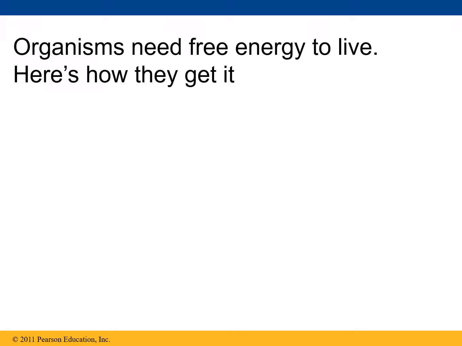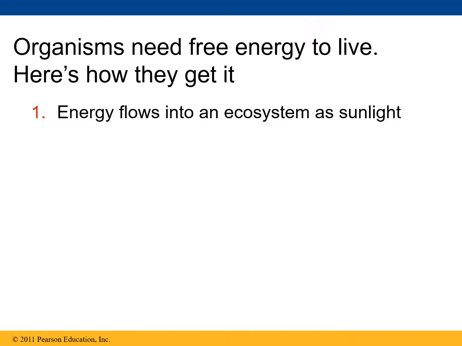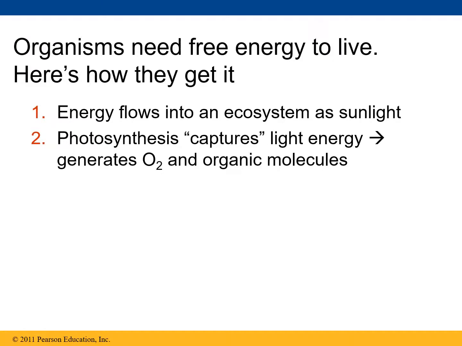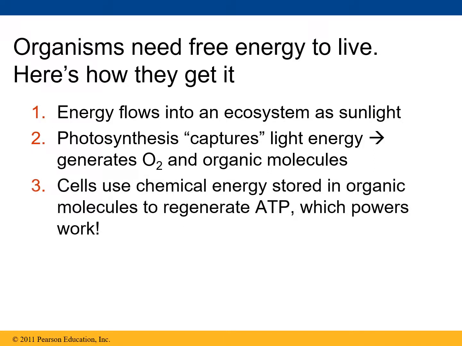So there's the principle. Organisms need free energy to live, and here's how they get it in general. Energy flows into an ecosystem as sunlight. Photosynthesis then captures that light energy, and that process generates oxygen. It also makes organic molecules like glucose.